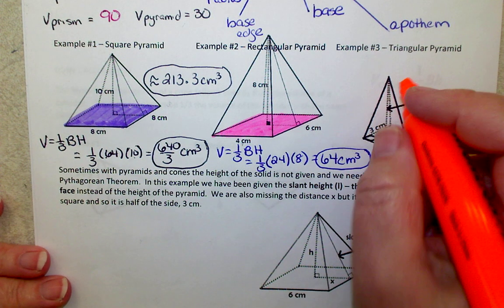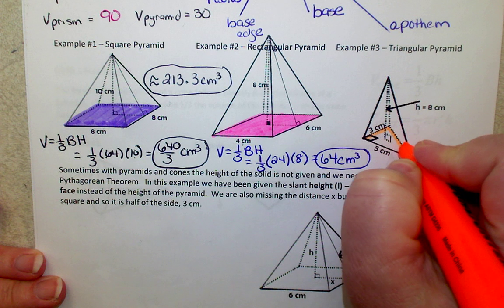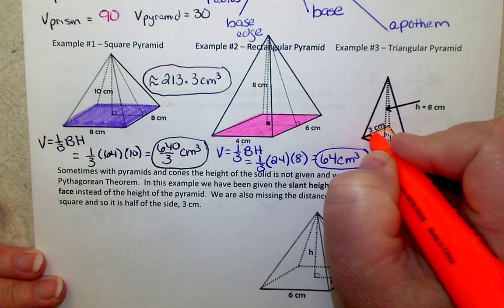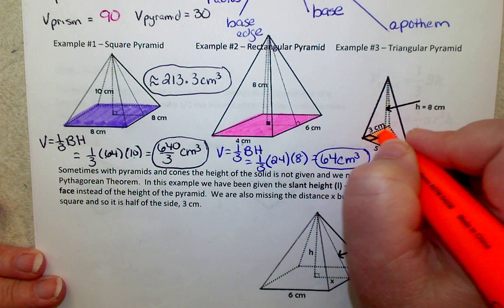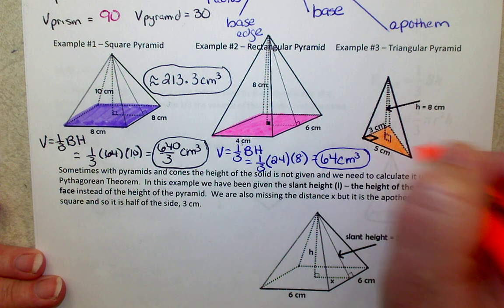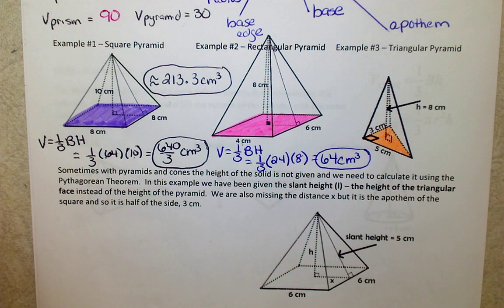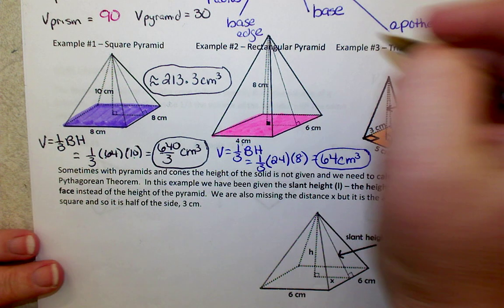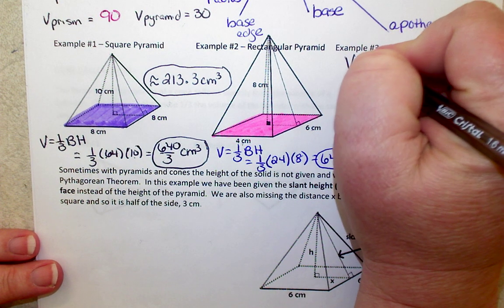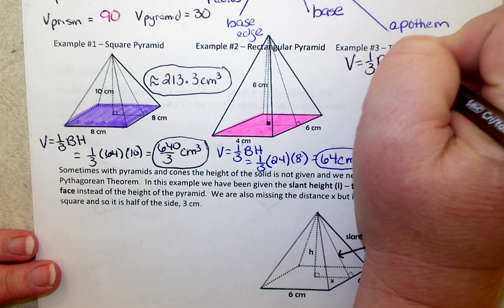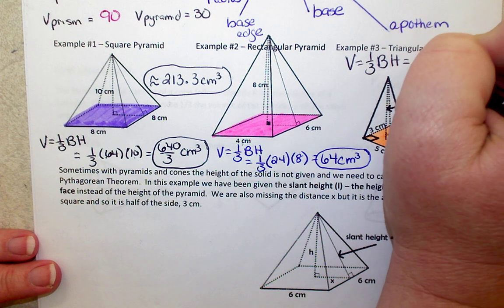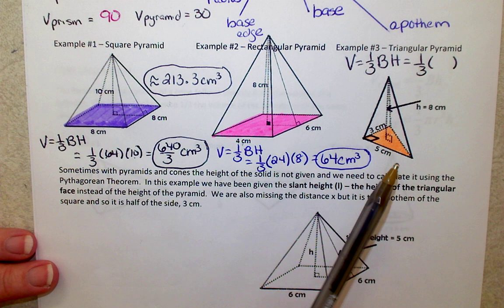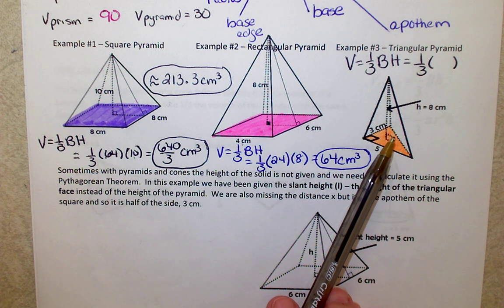All right, for example 3. And looking at our base, we see that our base has the shape of a triangle. So this is called a triangular pyramid. All right, so finding the volume, 1/3 the area of the base times the height. So we got 1/3. Since it's a triangle, it's 1/2 base times height.